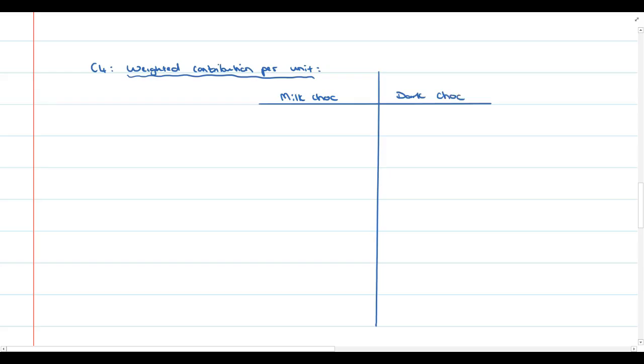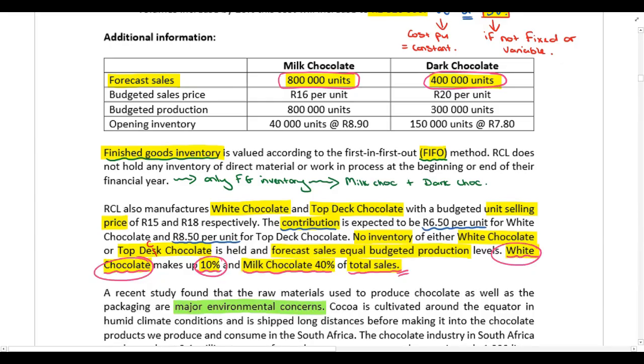So how do we calculate the contribution per unit? We take the selling price per unit and we deduct all of the variable costs per unit. All right, so you have been given the budgeted sales price for both chocolates.